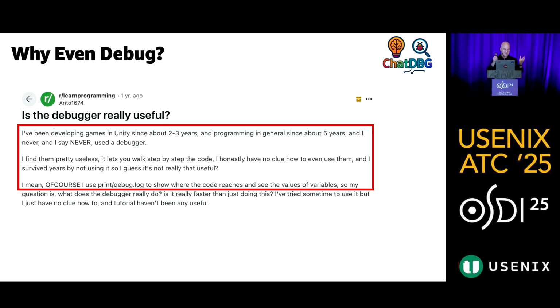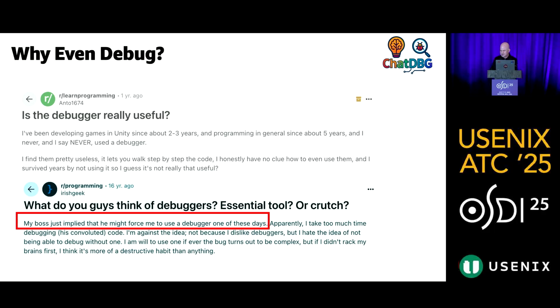So of course I use debug print. They don't use debuggers, right? Debugger, I don't even know what to do. What do you guys think of debuggers? My boss just implied he might force me to use a debugger one of these days. This is obviously workplace harassment. Right? My favorite is, I think it's more of a destructive habit than anything.